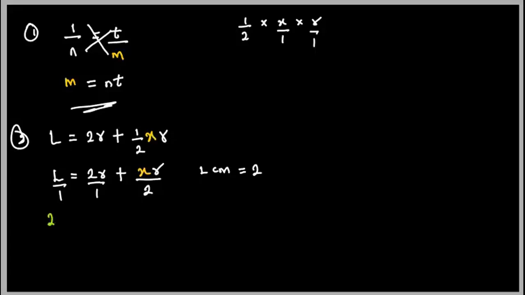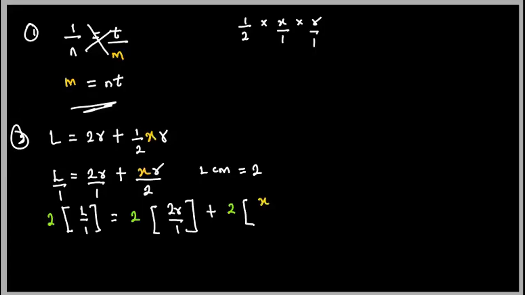So 2 will multiply L over 1, equals to the LCM again, which is 2, should multiply 2r over 1, and also we have plus the LCM also, which is 2, should now multiply xr over 2.